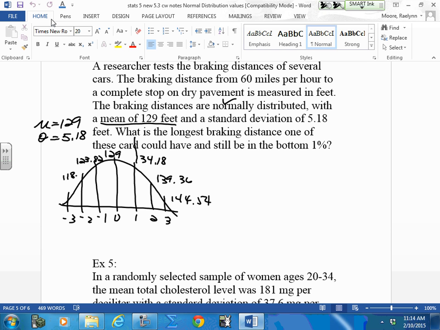You okay? What's that? 134.18. I added 5.18 all the way up and subtracted it all the way down. Is that 118.64? 118.64.